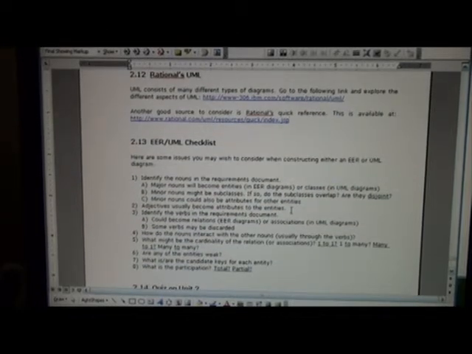And to conclude, let me talk about this EER UML checklist. Here are things you want to consider when coming up with an EER UML diagram. First of all, you have to think about the nouns in the requirements document. Major nouns will become classes. Minor nouns will be subclasses.